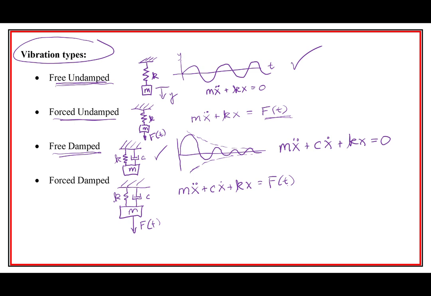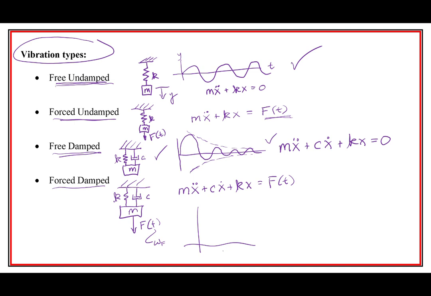A lot of times what we'll do instead of drawing the time history of the forced systems, whether it be forced damped or forced undamped, we'll have a graph that we take a look at, and we'll see if this has an omega F or something like that.